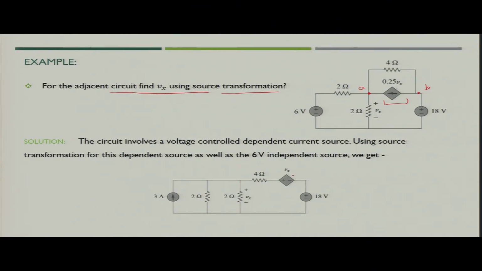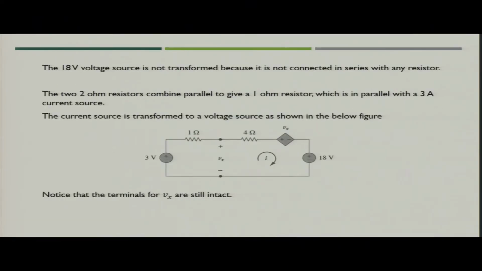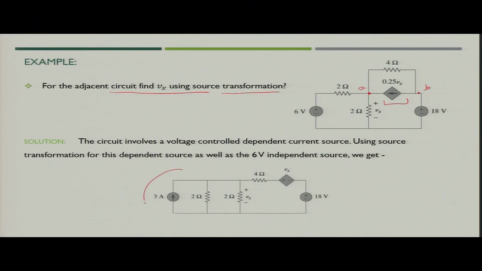Now, Vx, the voltage source value, is depending upon the voltage across the 2 ohm resistance. So, we cannot use this for any transformation, we have to keep it like this in the circuit, and the rest of the transformations we can do. Now, if you see this particular segment, this can be again converted into a voltage source.